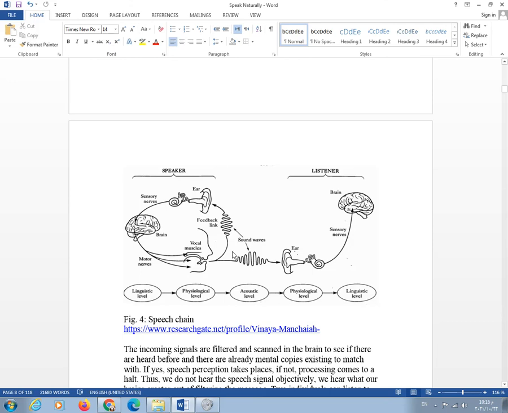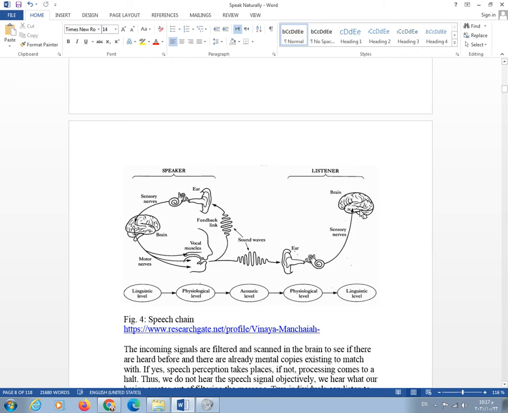Then sound waves travel through the air to the ears of the listener, and the ear and the cochlea turn the sound waves into sensory data, which is sent to the brain to process. So speech starts in the brain of the speaker and ends in the brain of the listener.